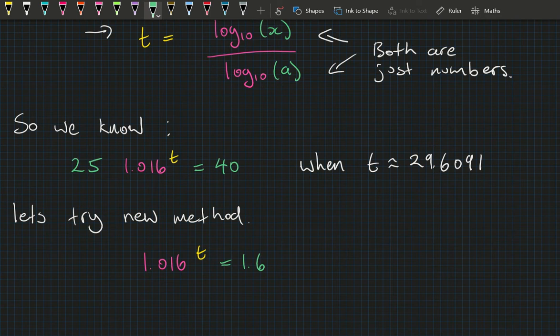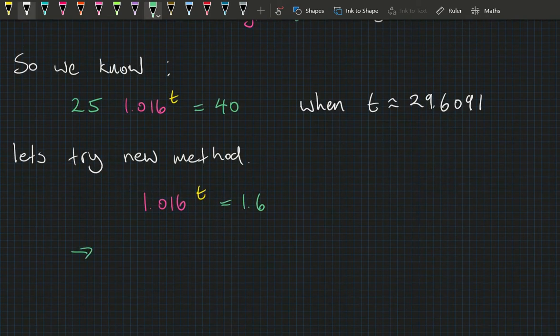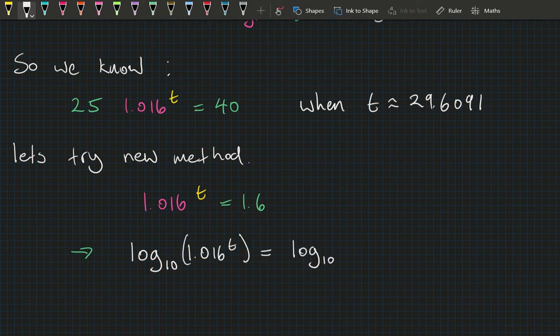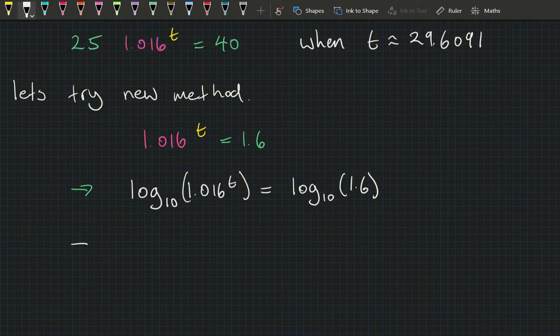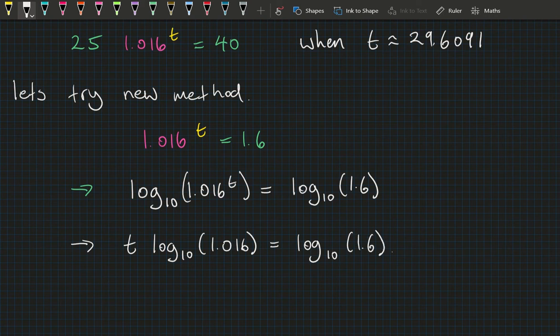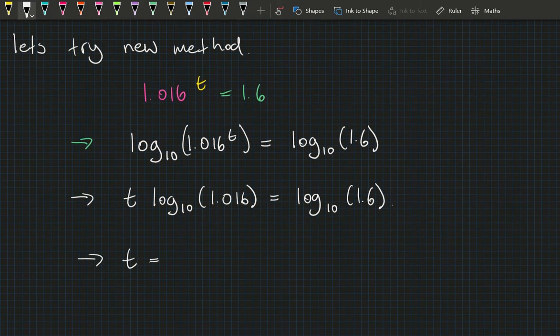All right, so if I take log base 10 of both sides, we've now got the log base 10 of this 1.016 to the t is equal to the log base 10 of this 1.6. So using our log laws, that's equal to t times log base 10 of 1.016 equals log base 10 of 1.6. And then dividing both sides by log base 10 of 1.016, we get this beast here.